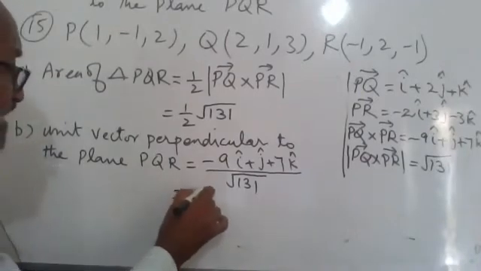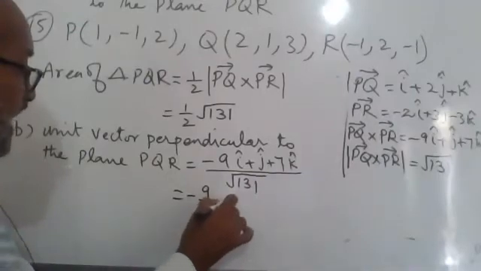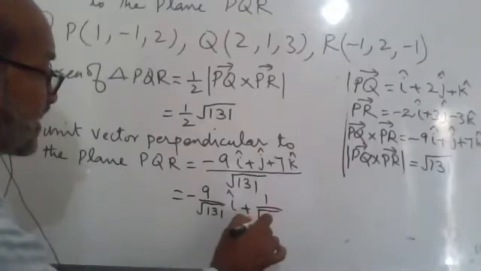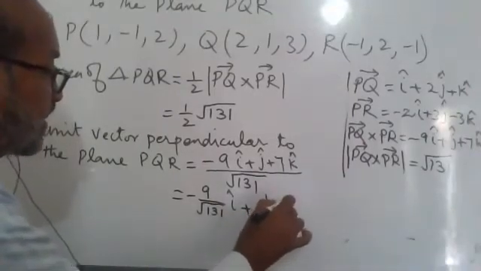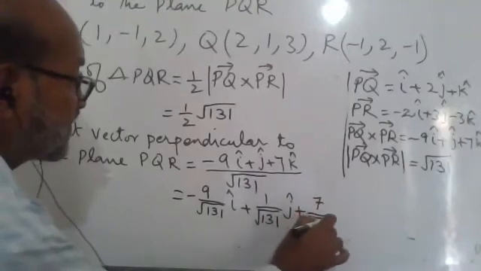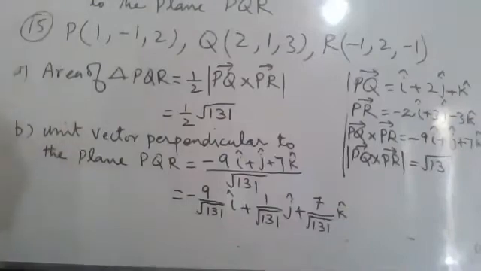This will become minus 9 upon root 131 i plus 1 upon root 131 j plus 7 upon root 131 k. This is the unit vector perpendicular to the plane PQR.